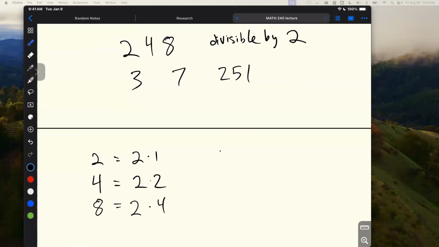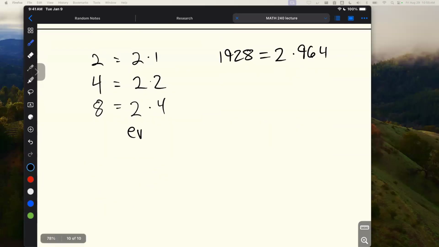Let's see. In my notes, I have 1928. 1928 divided by 2 is 964. And we can go on, right? So the idea is that we have an even number as 2 times k, where k is any integer.